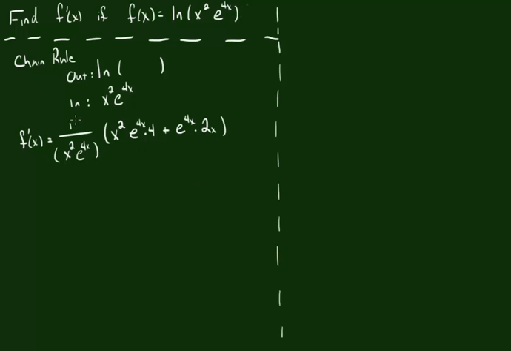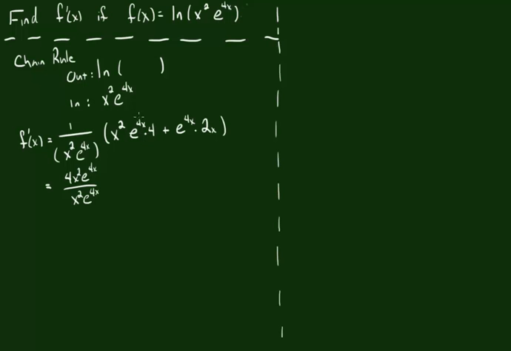We just did a chain rule first. We did a product rule afterwards to find the derivative of the inside. And within that product rule, we did yet one more chain rule. So let's go ahead and simplify this because it looks like we've got quite a bit of cancellation happening here. If we distribute this 1 over x squared e to the 4x into both of these terms here, the first fraction is going to turn into a 4 times x squared times e to the 4x all over x squared e to the 4x.